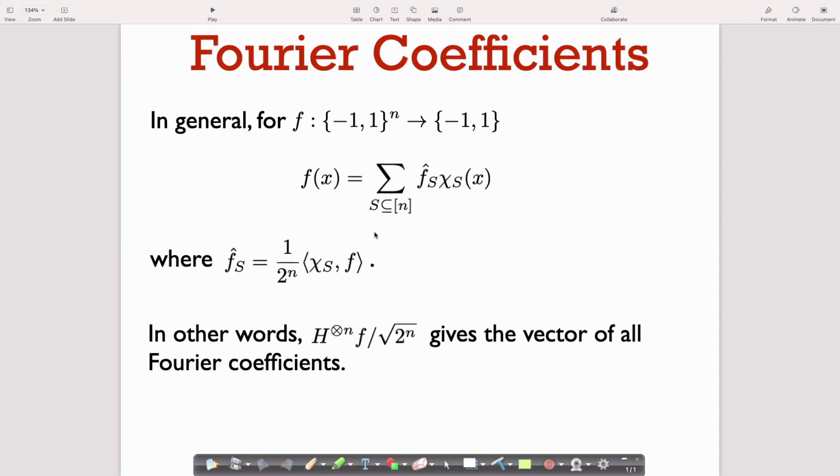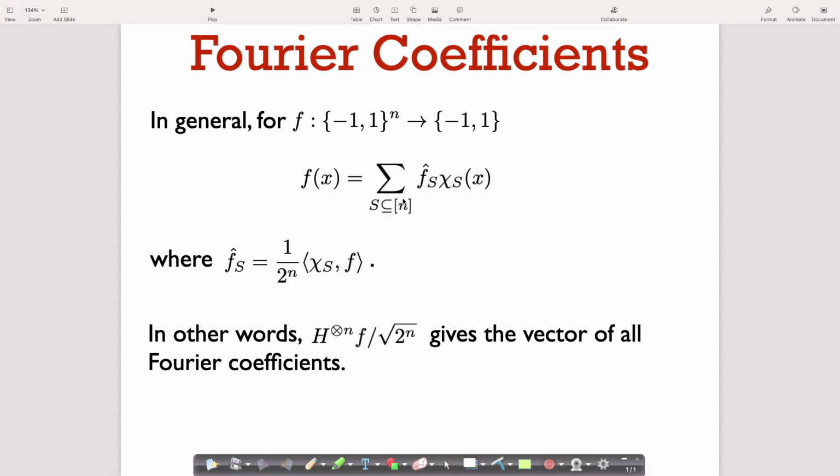Okay, so for a general f, right, what are the Fourier coefficients of f? Well, those are just the coefficients that tell us how to express f in this different basis, in this basis of parity functions. Okay, so f hat s, that's the Fourier coefficient of f corresponding to subset s.